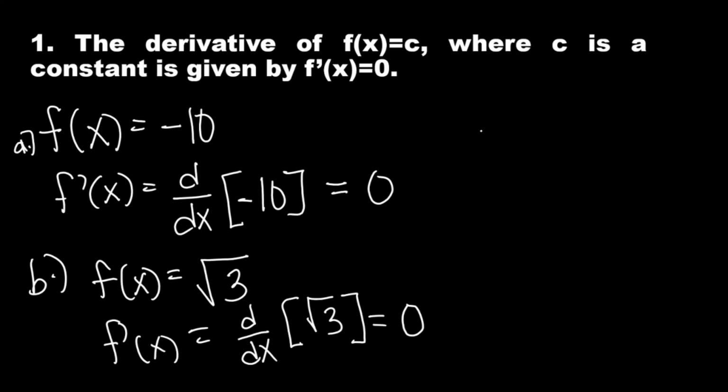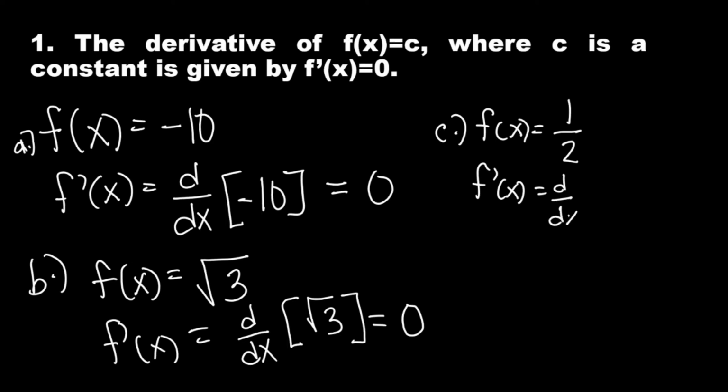Another example, letter C. F of x is equals to, let's say, 1/2. So to find the derivative of 1/2, we have f prime of x is equals to d over dx of 1/2. So ang derivative ng 1/2 ay equals lang yan sa 0.